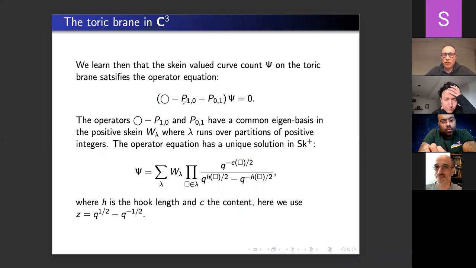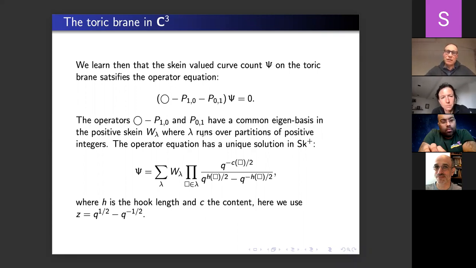I have a little circle minus meridian minus longitude acting on all the other curves counted in the Skein. And that has to be 0. So this is now Skein valued, and you'll see very explicitly in a while, it's a Skein valued recursion relation for the Skein valued curve count.